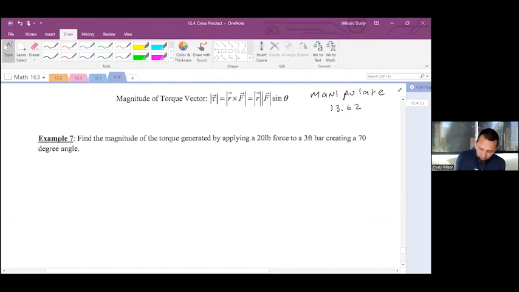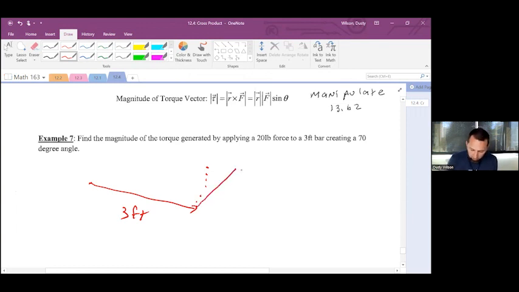So we have this bar that's 3 feet long, and then we have a force that's being applied at 70 degrees. So maybe here's that 70 degrees. Your force is going to be 20 pounds.